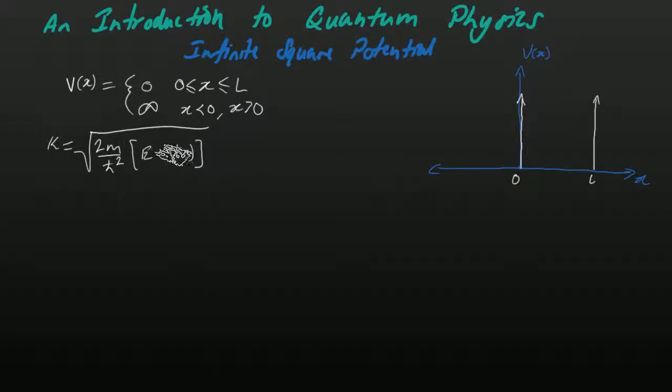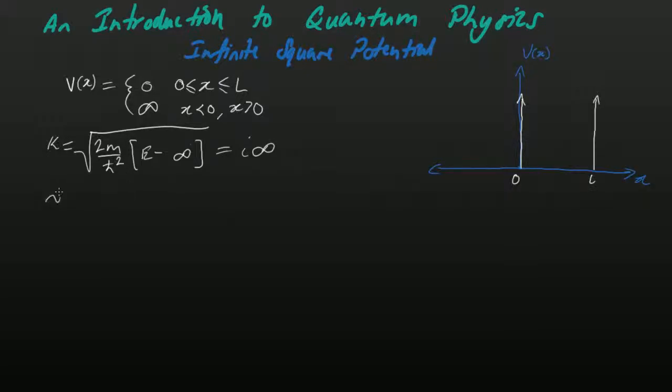We know that the potential V of x is infinite, so we plug that straight in. So we have a negative infinity here underneath a square root sign, and all these other terms are always positive, so this will lead to i infinity.